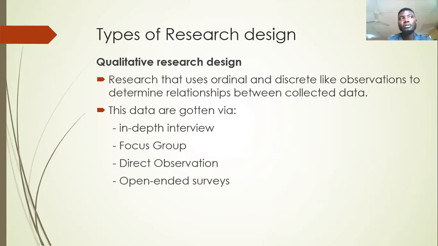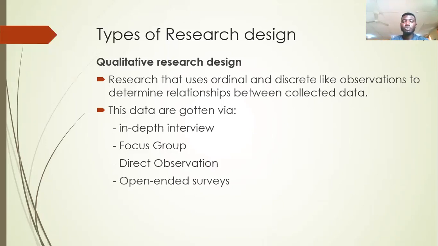That's how this qualitative research design will come in. So if you are looking for that as your research problem, definitely you are going to be looking into a qualitative research design. And you can also get this qualitative data in form of in-depth interview. You can get it through interview. You can get it through a focus group. A focus group is when you sit around a group and you get data. You can do direct observation from people, and you can use it as an open-ended survey.